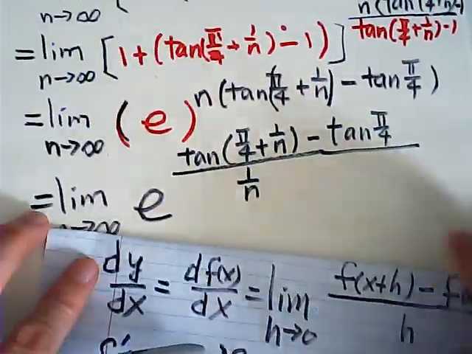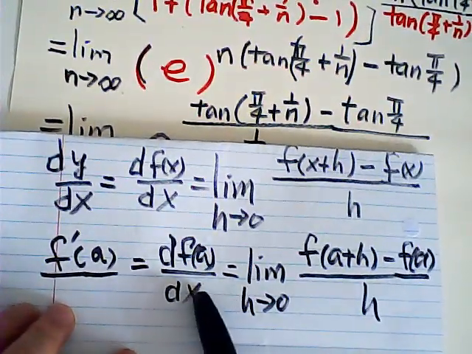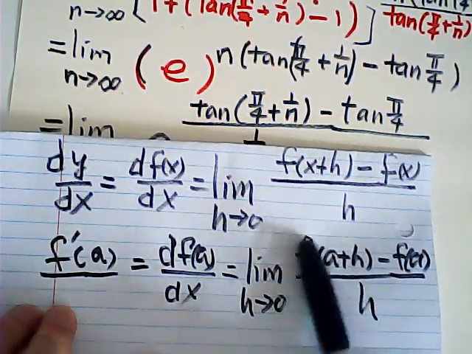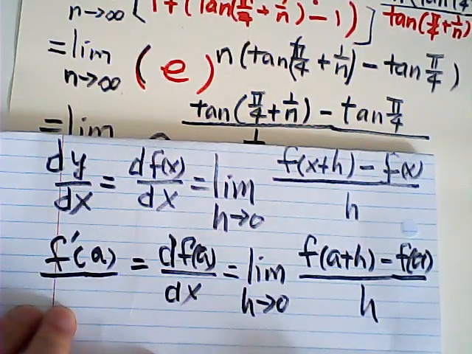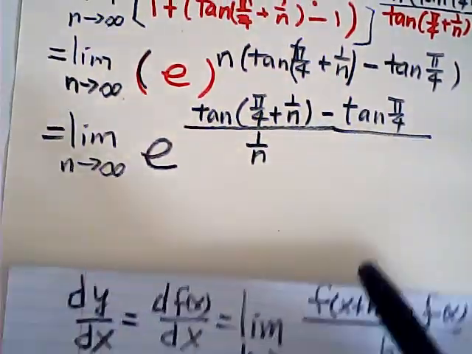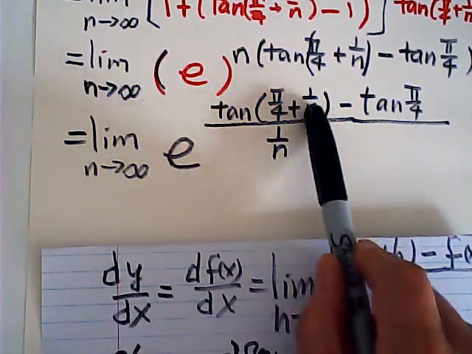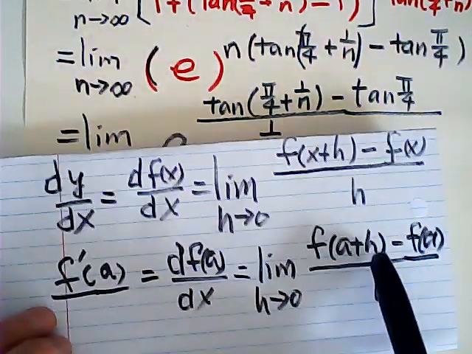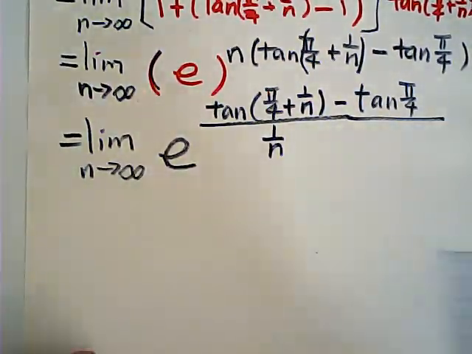That's exactly what I wrote in the beginning: this is the derivative of f of x at x equal to a. Okay. When n goes to infinity, that goes to 0. This is like h, right? This quarter pi is my a.